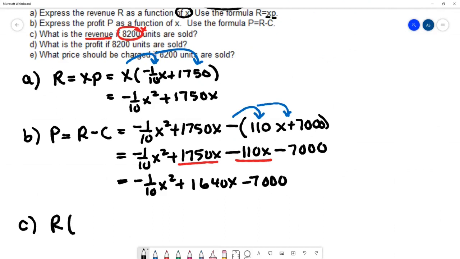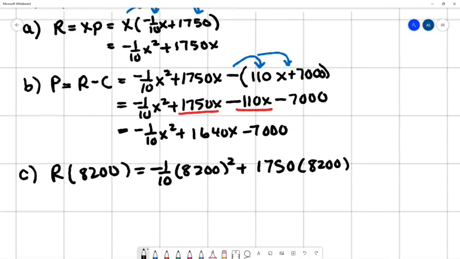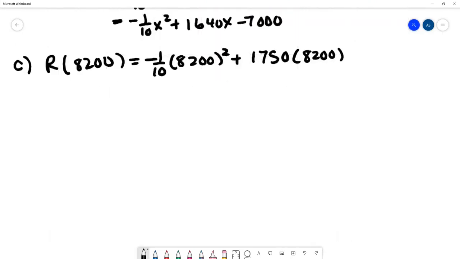So revenue at 8,200 will be negative 1/10 times 8,200 squared plus 1,750 times 8,200. So let me grab my calculator to help me with this calculation.